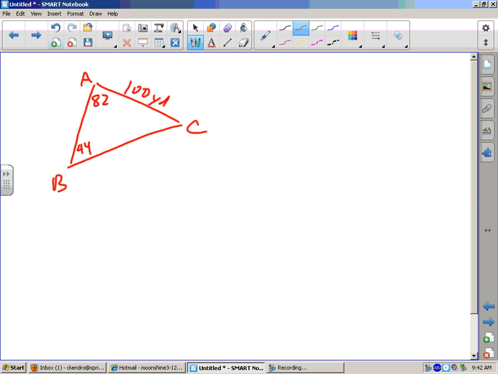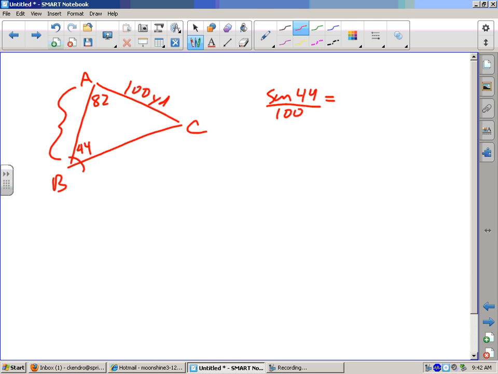I want to find the distance between A and B. So, let's figure this out. I've got angle B, and I have the side opposite, so I have sine of 44 over 100.